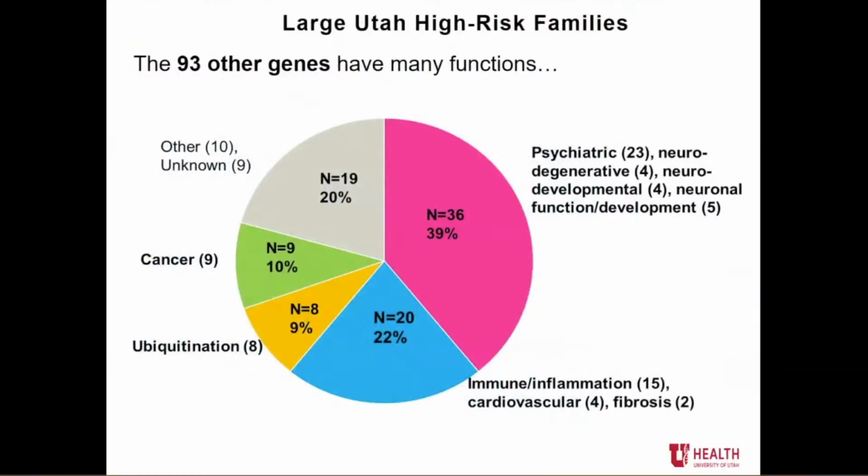Some of them already had evidence for being involved in psychiatric disorders, in neurodegeneration, in neuronal development, in neuronal function. These are fascinating. We were also interested in genes that might have influence on immune dysfunction and inflammation as being predisposing for risk. So how do we do this?